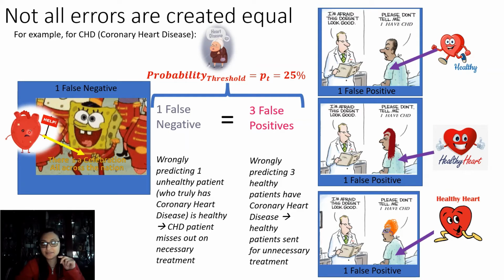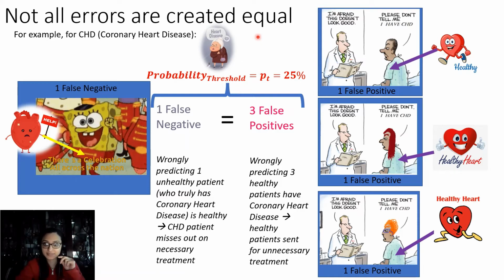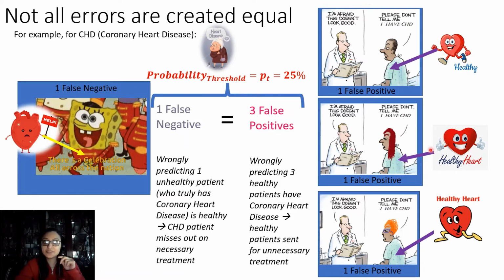The fact that this unhealthy heart is missing out on vital treatment is worse than three healthy patients going for CHD treatment. So you might agree with this, or you might disagree, and that's why this is subjective and why we have these probability thresholds in the first place. But this is how you can think about it.